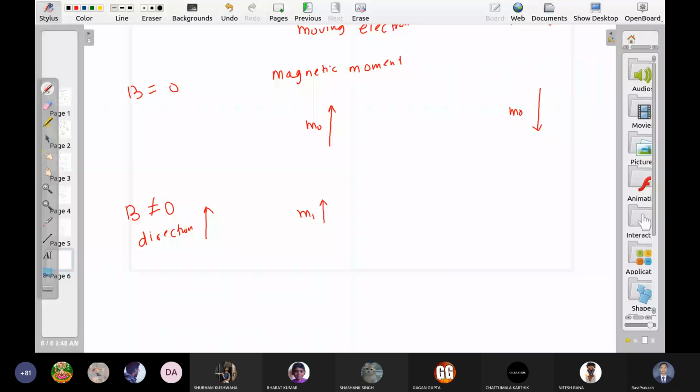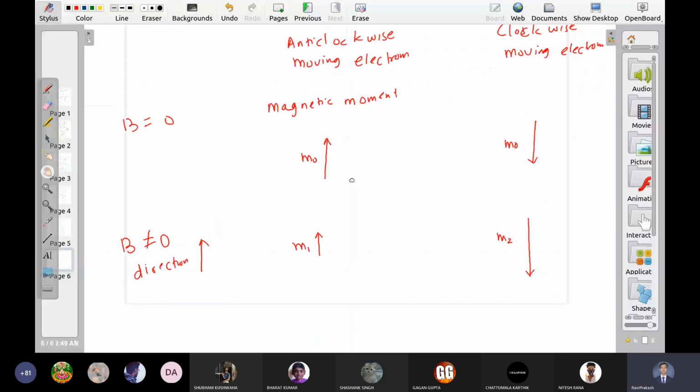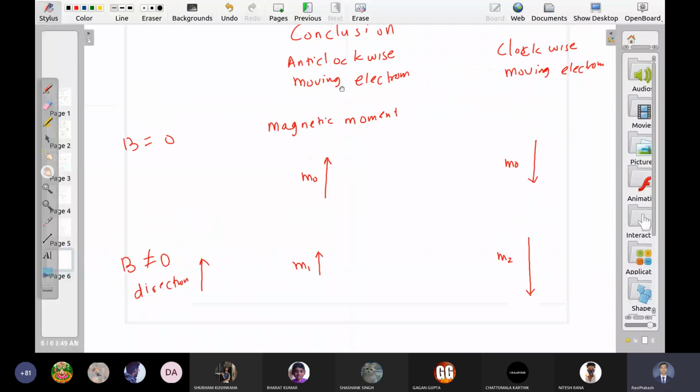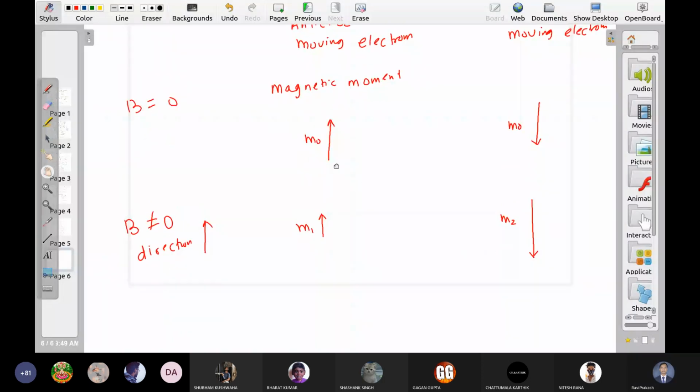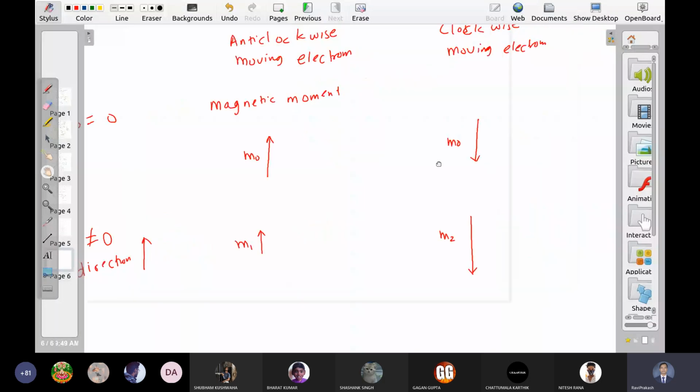Direction downward but bigger vector. So what we see, those moving anti-clockwise, their magnetic moment is decreasing, and those moving clockwise, their magnetic moment is opposite and it's increasing.